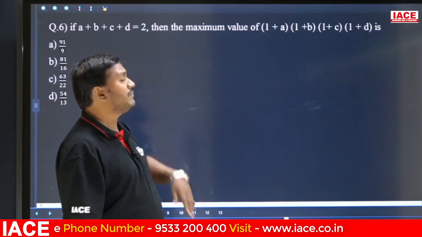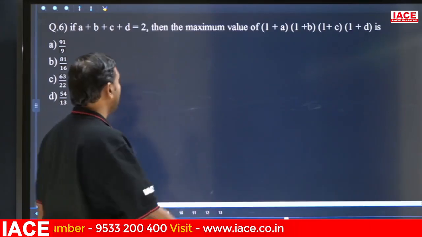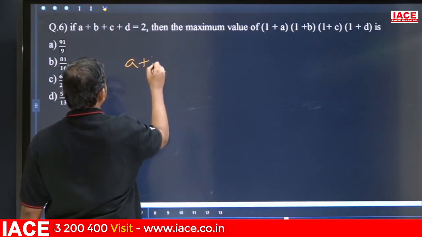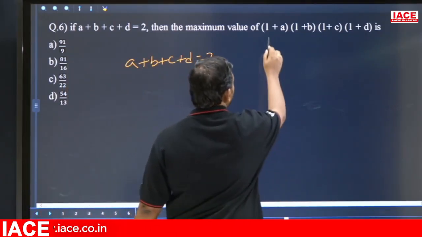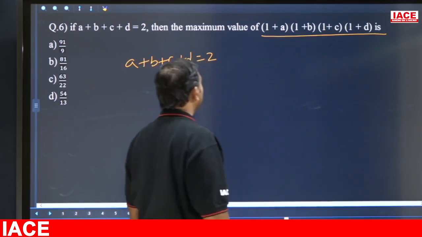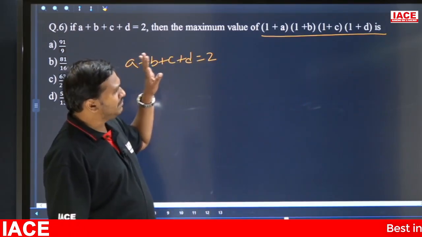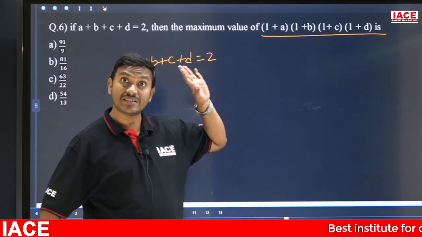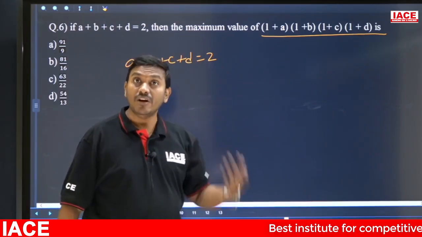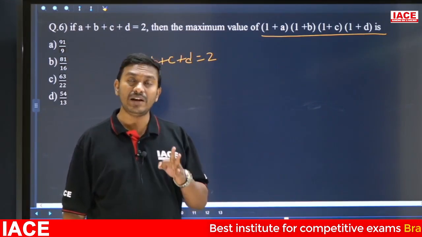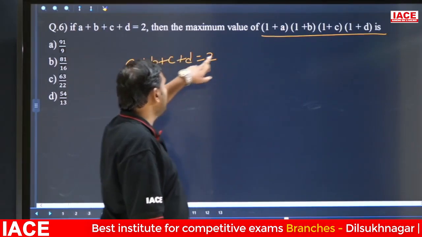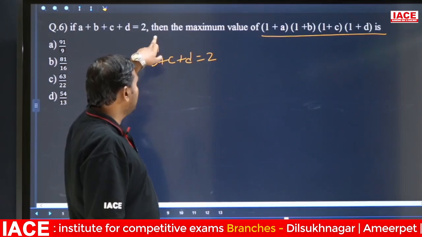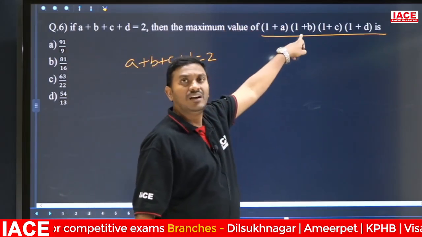So how to find the maximum value? So a plus b plus c plus d equal to 2. Find the maximum value of 1 by a plus 1 by b plus 1 by c. Anytime it is given in a symmetric manner, no problem. If it is not given in a symmetric manner, then also how to find the maximum and minimum value, we discussed. So convert the given equation into the required expression.